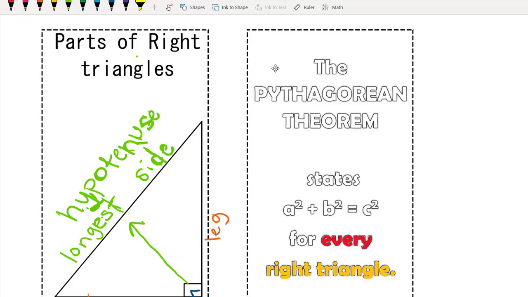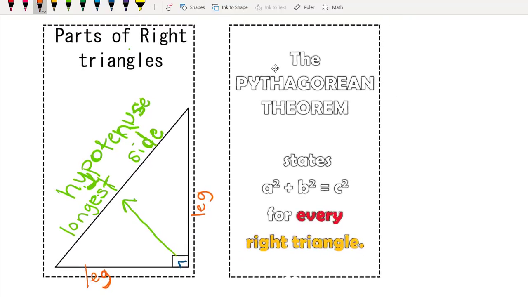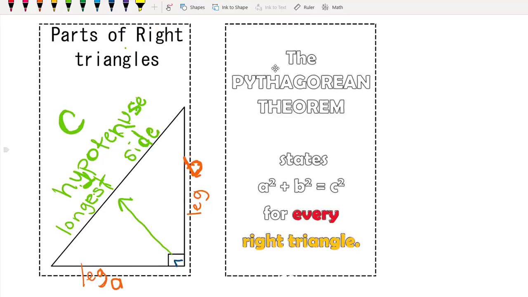Right, A and B are going to be your legs. C is going to be your hypotenuse, always. C is always the longest side. If it's not, something is not right.